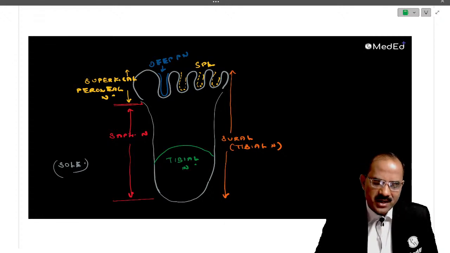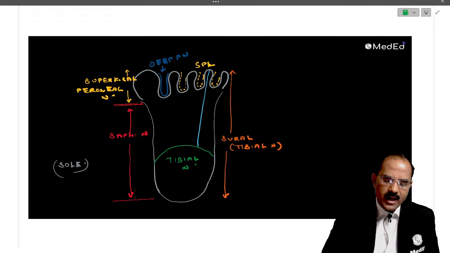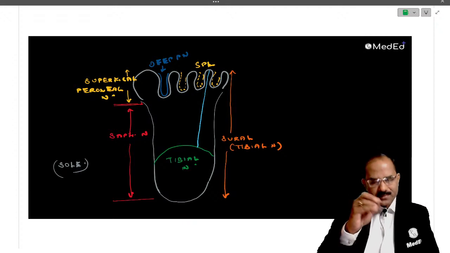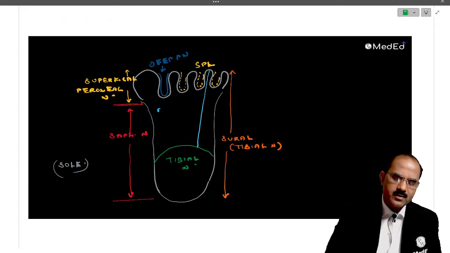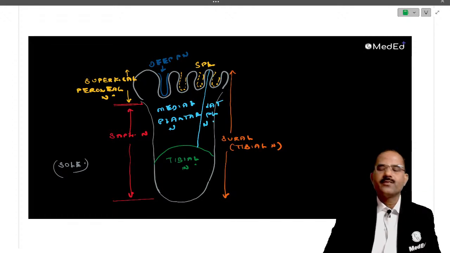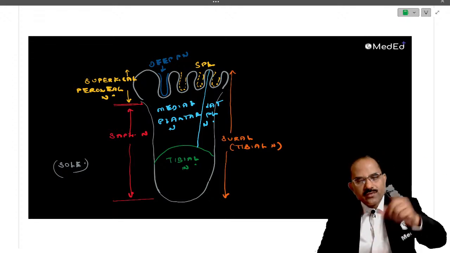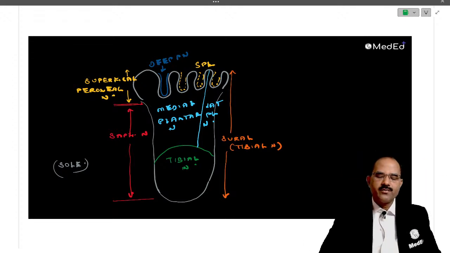Now, coming to the main part of it: the skin on the medial aspect of 3.5 fingers is supplied by the medial plantar nerve, and this 1.5 fingers is supplied by the lateral plantar nerve. Medial and lateral plantar nerves are both branches of the tibial nerve.